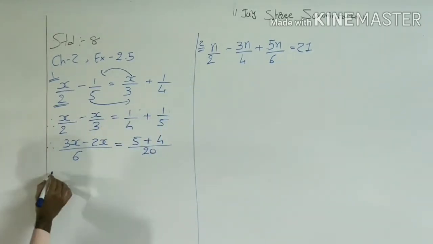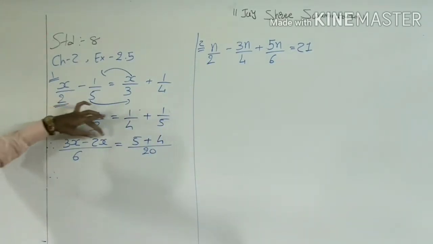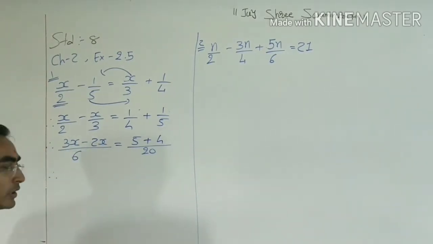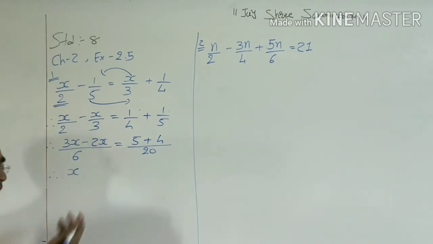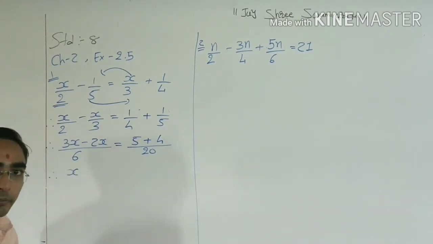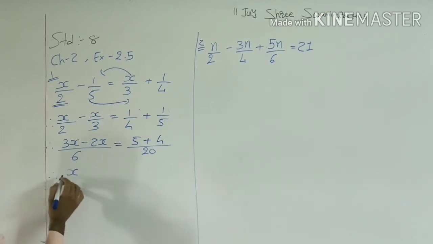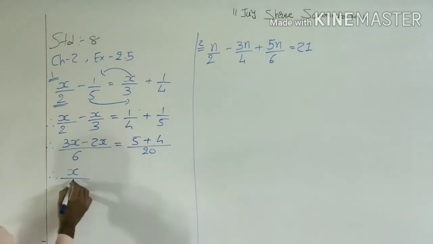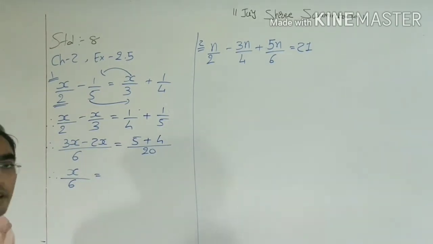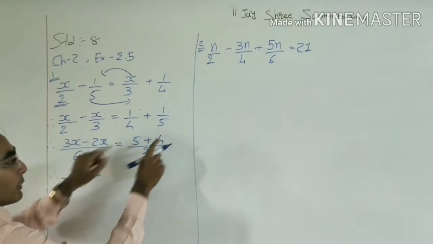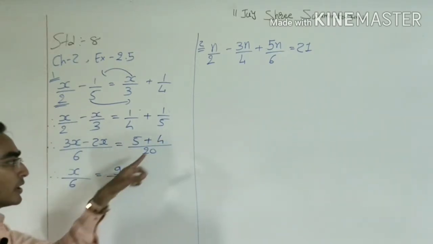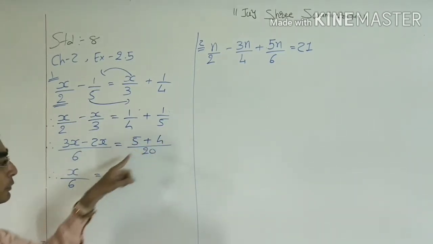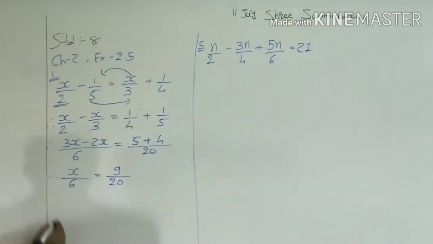Now, 3x minus 2x, both are like terms. So 3 minus 2 is 1. We can write only x, 1x or x, both are the same. Then divided by 6 as it is, equals to 5 plus 4, 9 divided by 20.